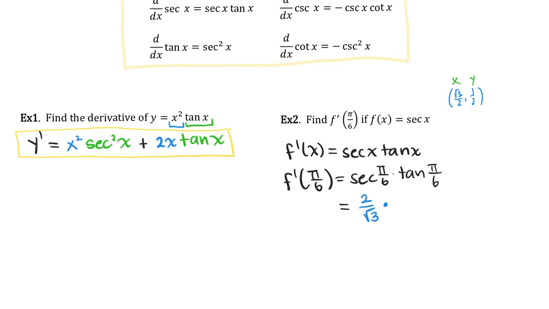Tangent is the y over the x, so 1/2 divided by root 3 over 2. The 2's are going to cancel, so I'm going to end up with 1 over root 3. Does that seem okay? Let's multiply this out and simplify it. 2 times 1 is 2, root 3 times root 3 is 3, so f prime of pi over 6 is just 2/3.